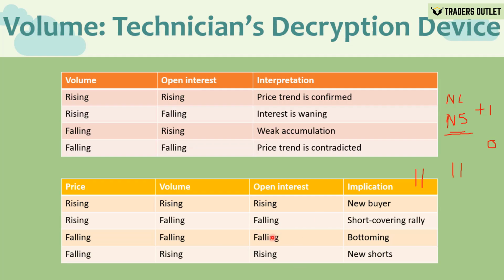So if the open interest in Amazon options is falling along with the volume of shares or option contracts being traded, and I can see Amazon's share price is bottoming out, and at this price I want to enter into a long position, then I can definitely consider buying at this stage, right?